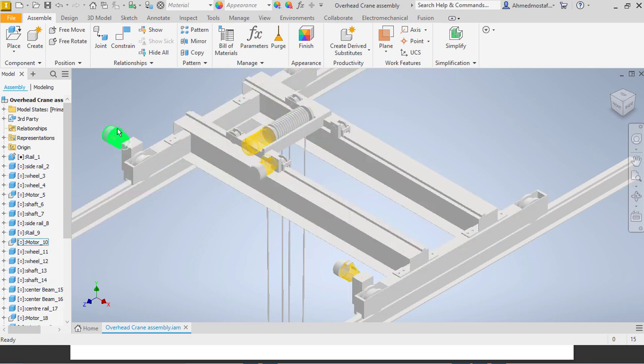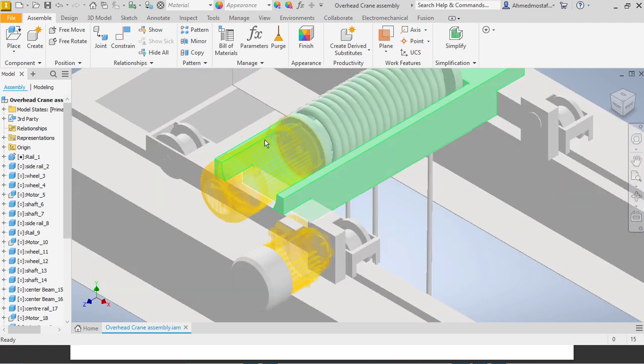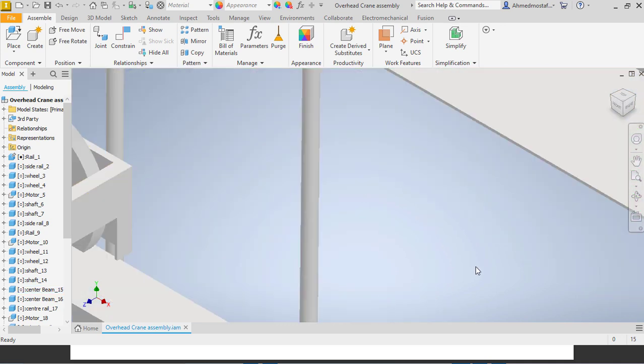So every one of those motors has two different speeds, high speed and low speed. The last motor we have here is the biggest motor, which is responsible for hoisting and lowering the crane hook. Because it's holding high weights, we have a bigger motor. This motor also has two speeds and is responsible for the lowering and hoisting speeds.